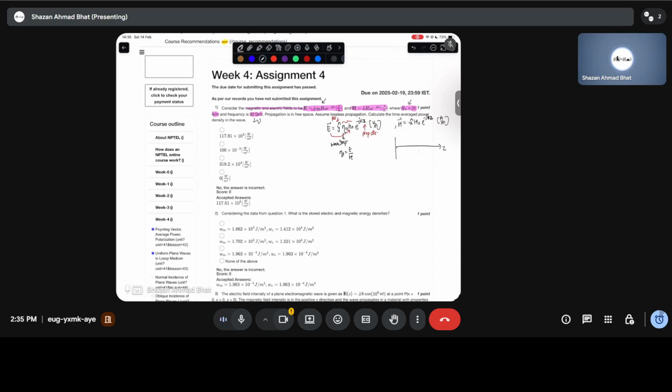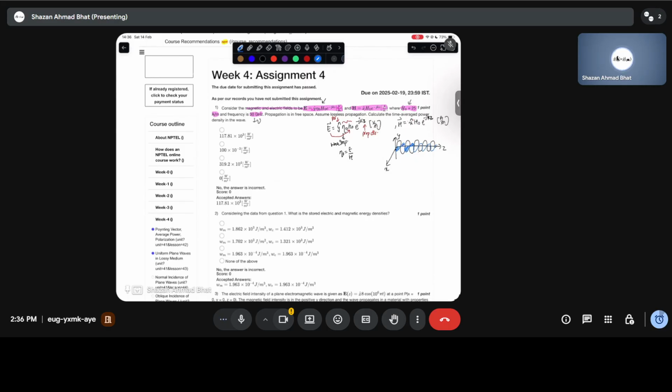If this is the z direction, then the electric field component oscillates in the y direction, and the magnetic field component oscillates in the x direction. So this is the x direction, and the magnetic field component oscillates something like this in the x direction. Let me highlight this. This is the magnetic field component.